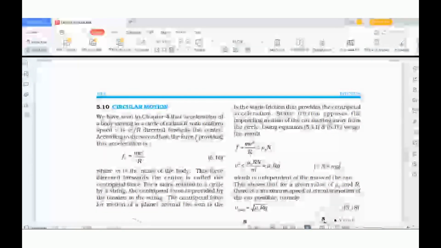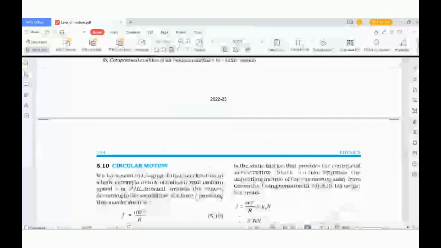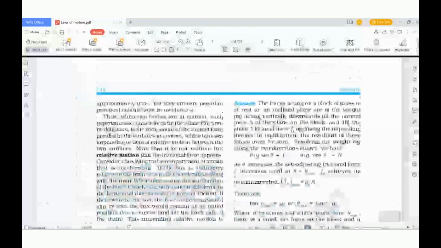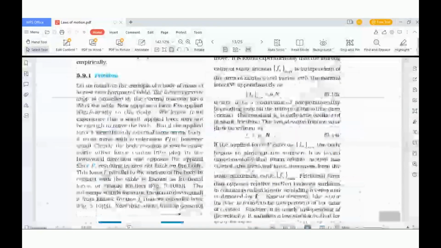Can you see the screen? Ma'am, it's loaded. In the textbook, right? Yeah, I can see. Okay.